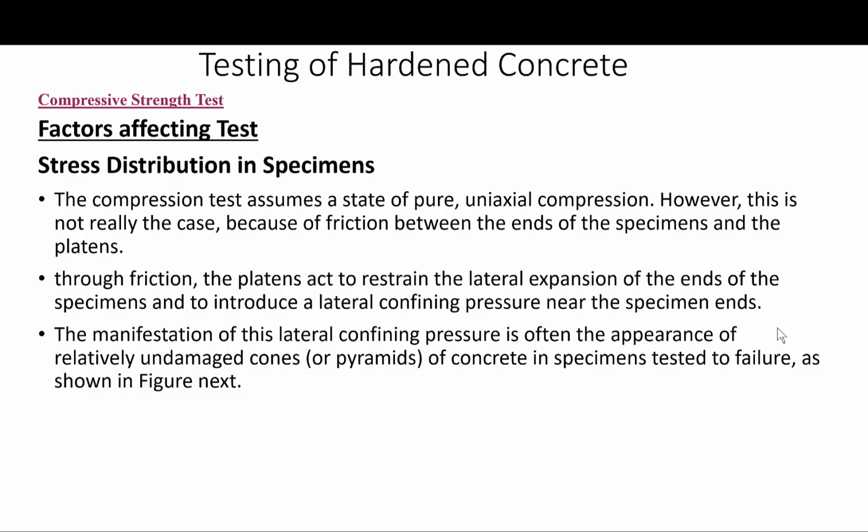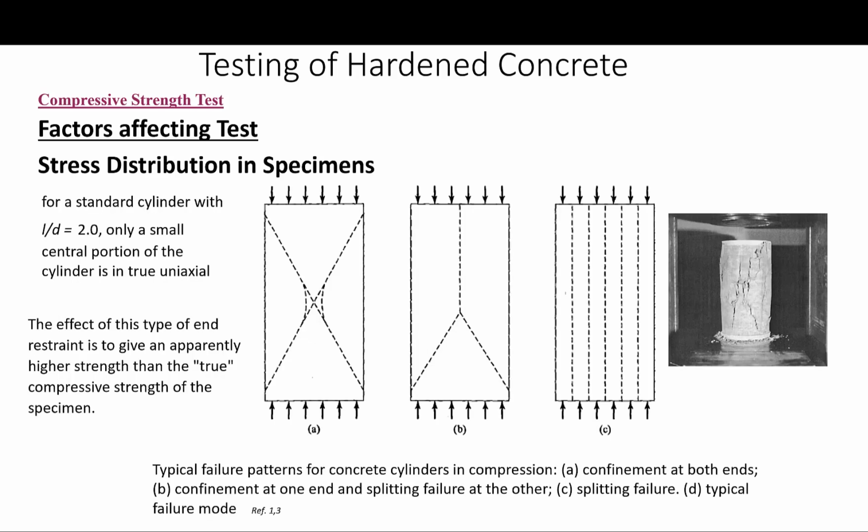The exact nature of the stress distribution basically depends on the type of contact between the specimen and the platens for that particular test. The manifestation of this lateral confining pressure is often the appearance of relatively undamaged cones or pyramid shapes of concrete in specimens tested to failure, as you can see in this figure right here.